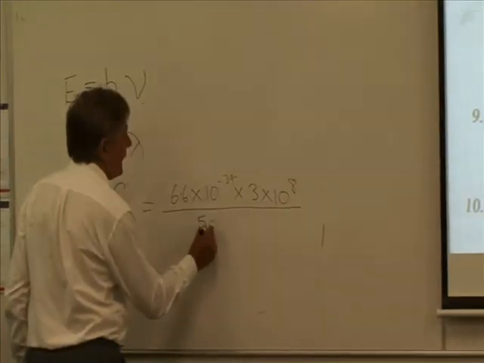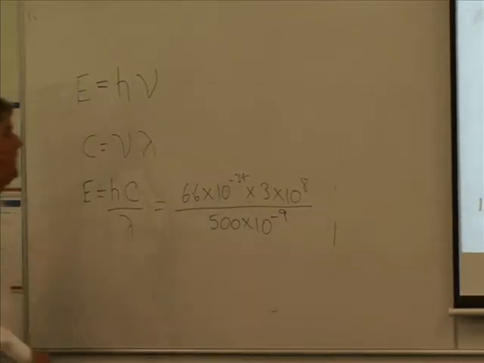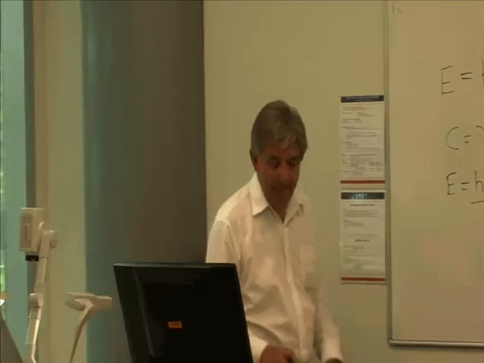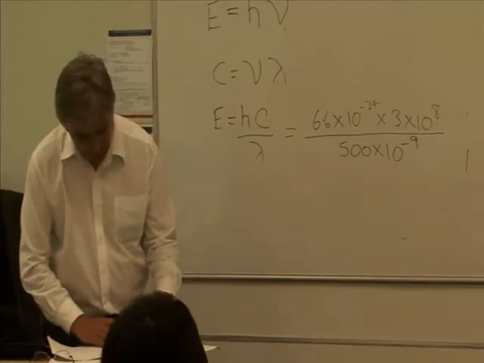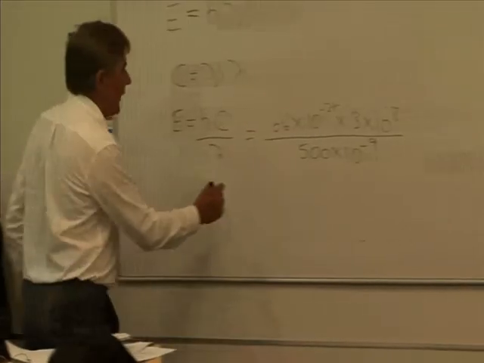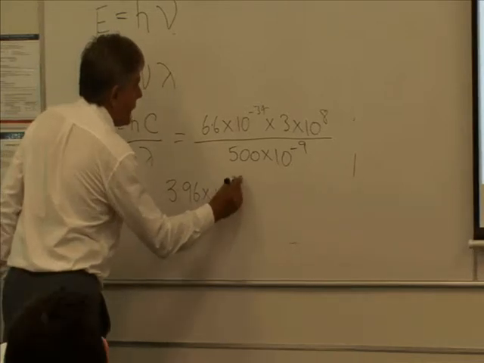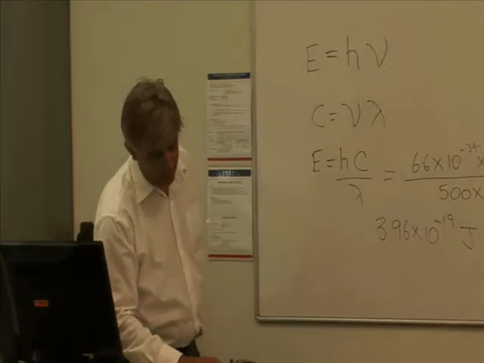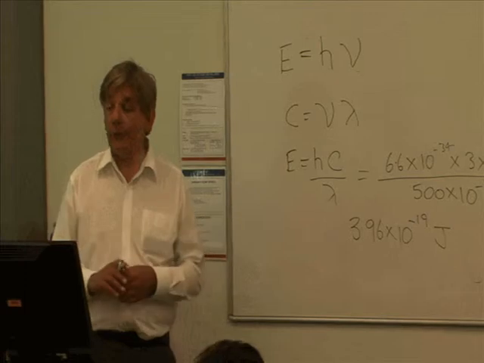So 500 times 10 to the minus 9. You should be able to put that pretty well in your head. What is the other side? Should be about 3.96 times 10 to the power of minus 19 joules. I didn't check these answers, but they're probably okay.